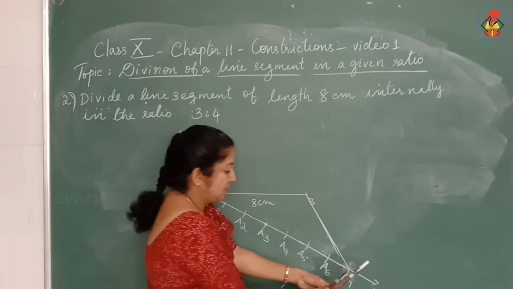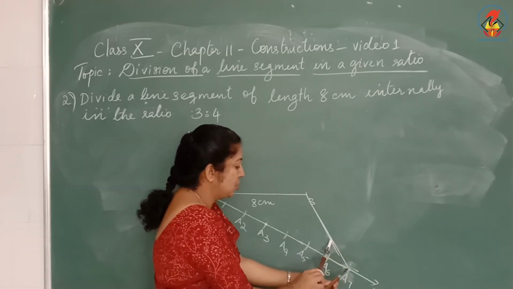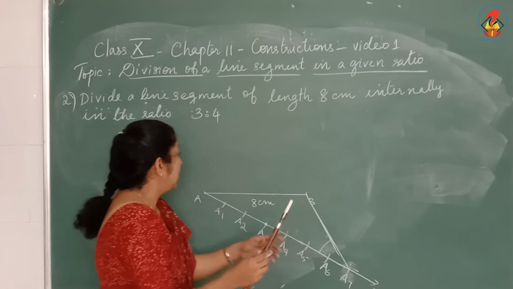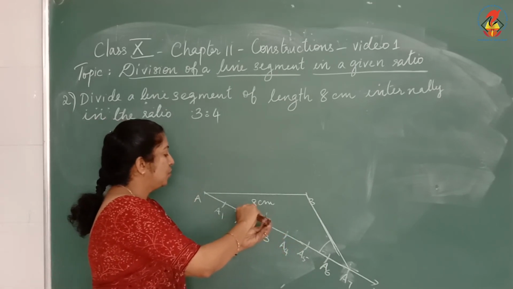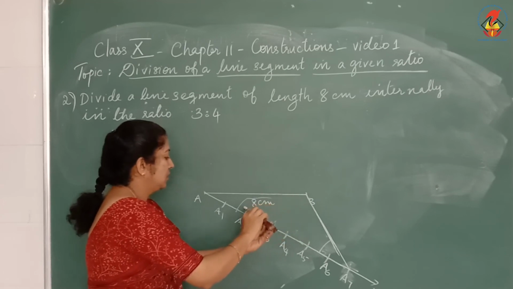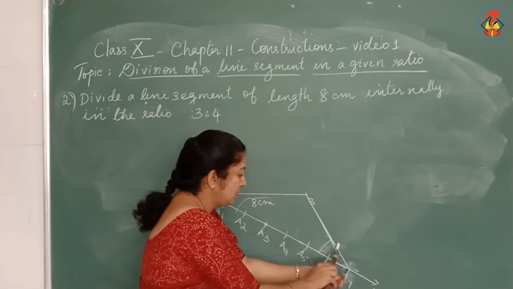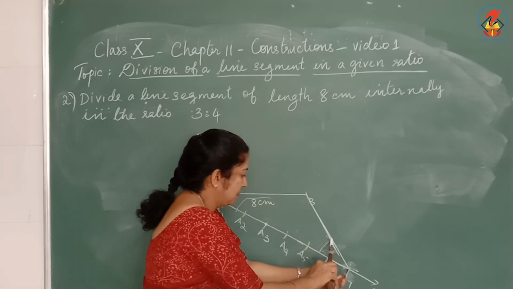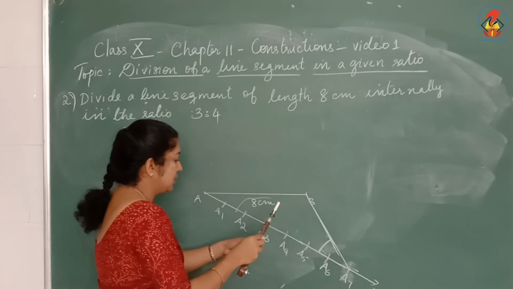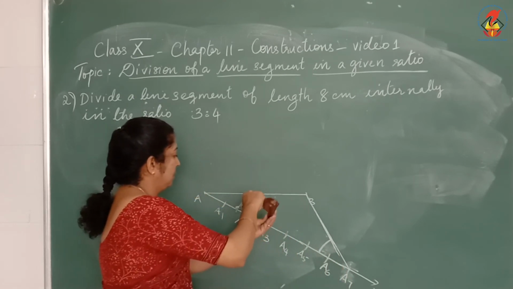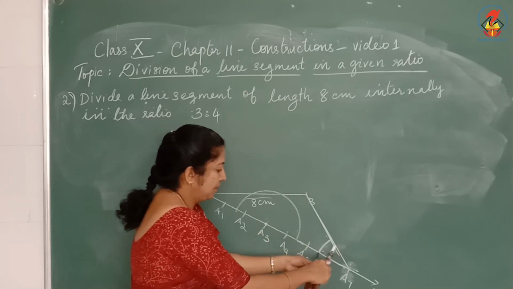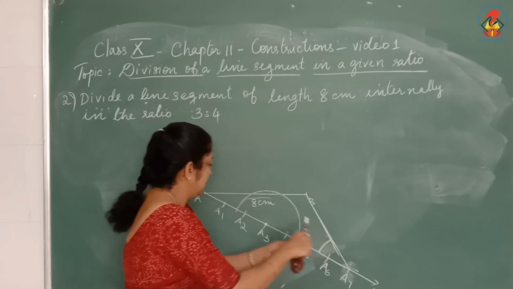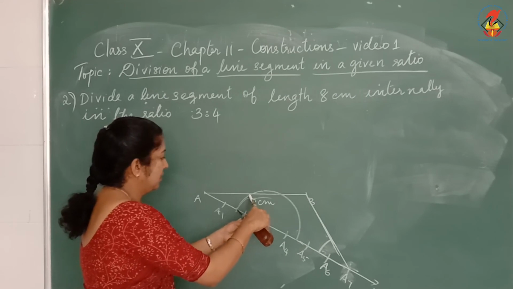For this, take any radius and draw an arc like this. Then at A3, with the same radius, draw an arc. Then take this width and make a cut from here.